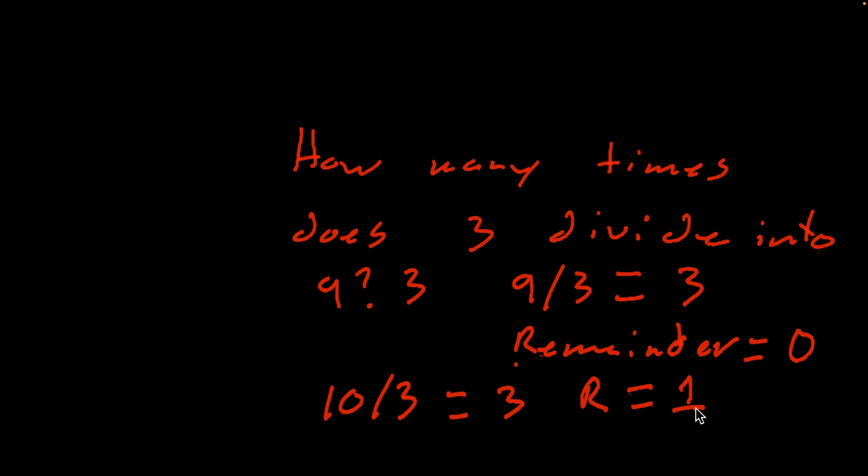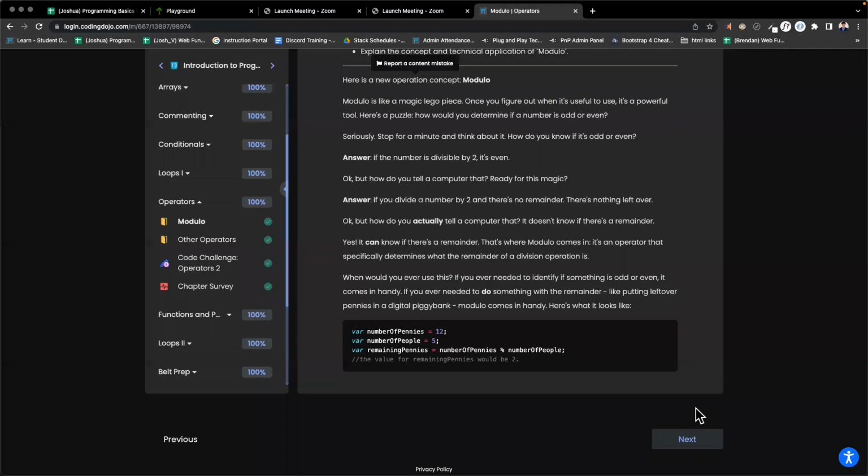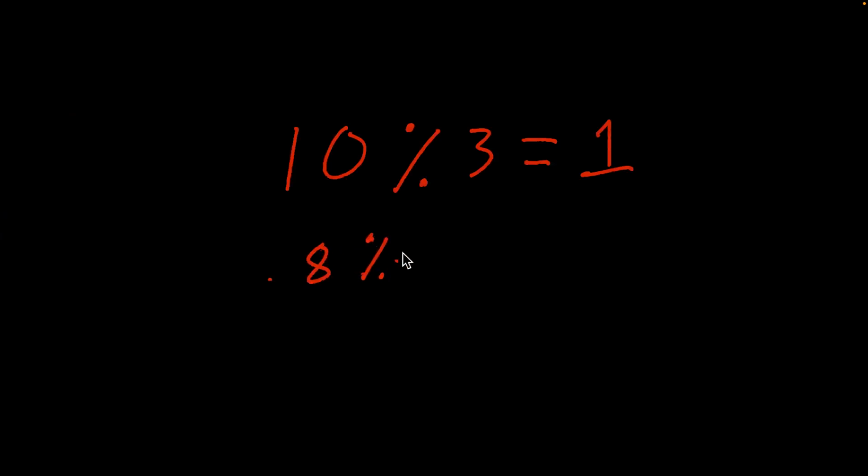So as Joe wrote in the chat here, 10 modulo, it's this percentage sign, 3 is equal to 1. Do you see why? Because it can divide into 10 so many times and have 1 as the remainder. So what if I say 8 modulo 2?